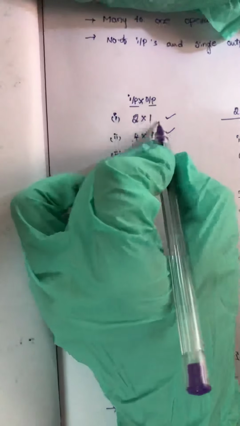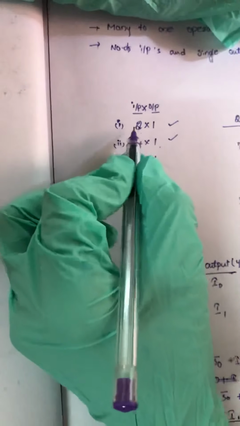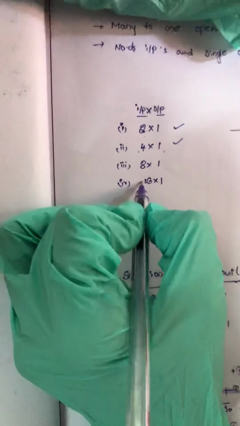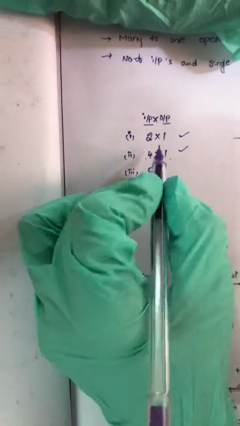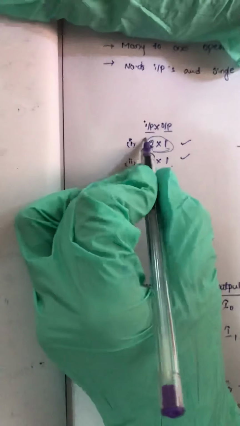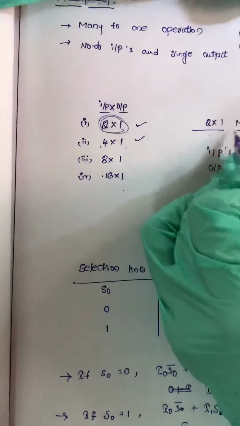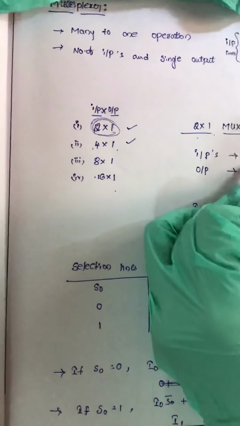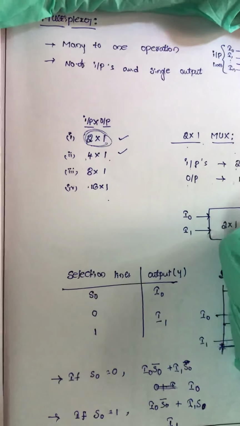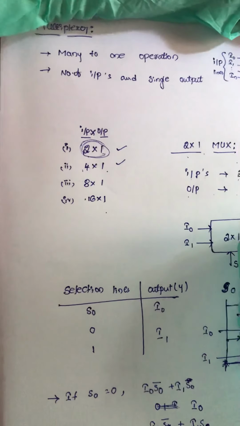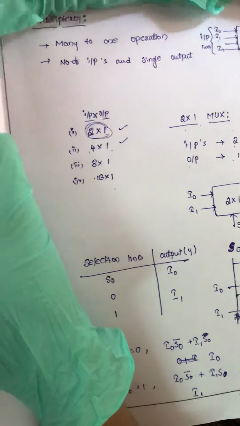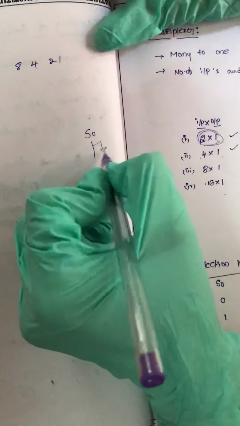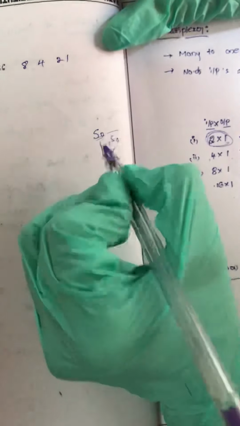First of all, the 2 to 1 multiplexer. Here the number on the left side is the number of inputs and 1 represents the single output. In the 2 to 1 multiplexer, the inputs are 2, the output is 1, and there is a single selection line, because a single selection line gives 2 possibilities, that is S0 and S0 bar.